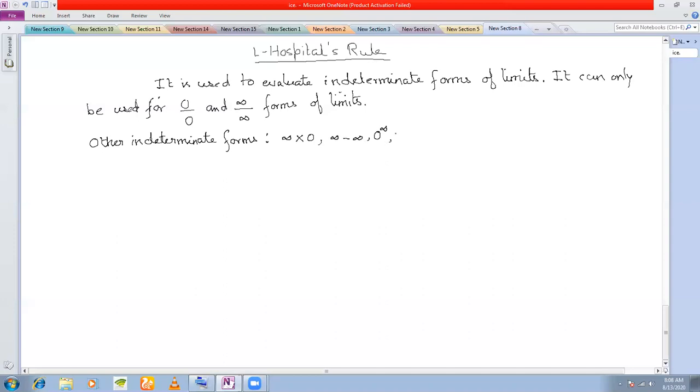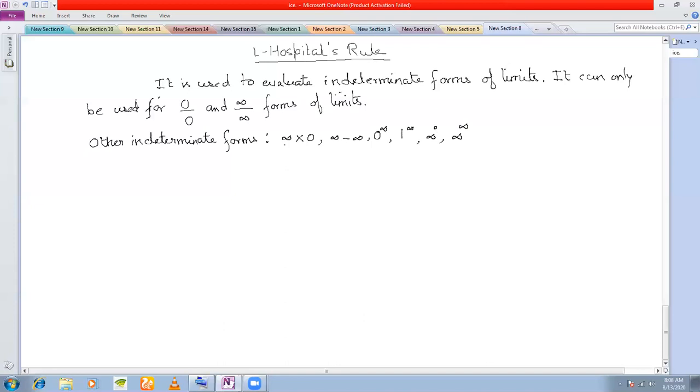Then you have 1 to the power of infinity. And then you have infinity to the power of 0. It's another indeterminate form. And you also have infinity to the power of infinity. Okay. These are the major indeterminate forms that we'll be dealing with.